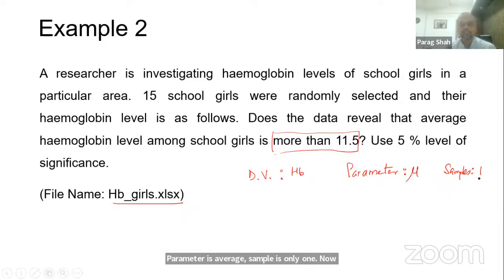Now what is the question asked? Does the data reveal that the average hemoglobin level is more than 11.5? Now if that is the question, you can answer it as yes or no. Your choice. I'll say yes, it is more than 11.5. So mu greater than 11.5.